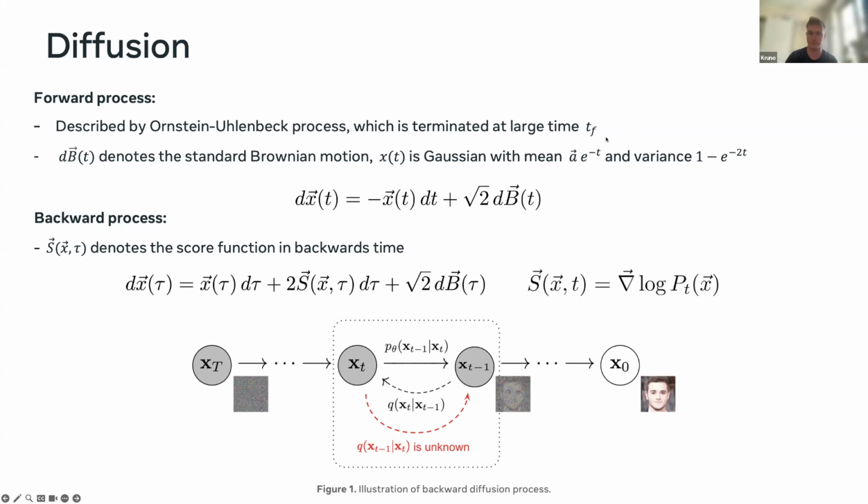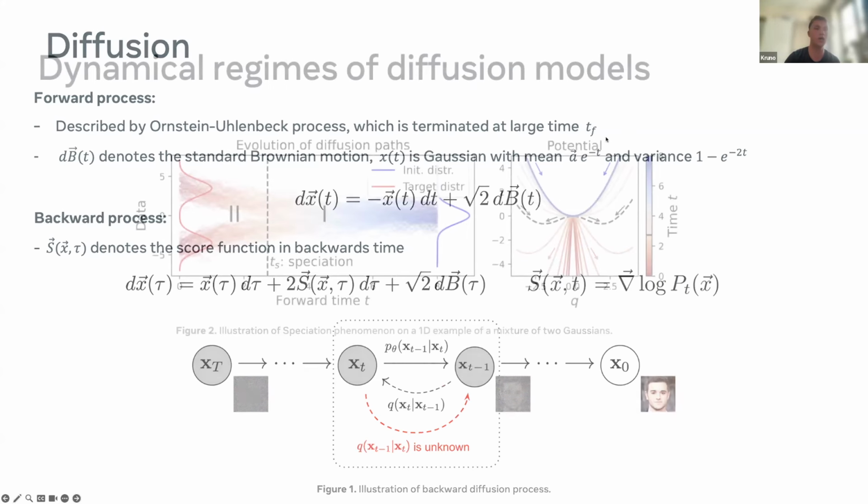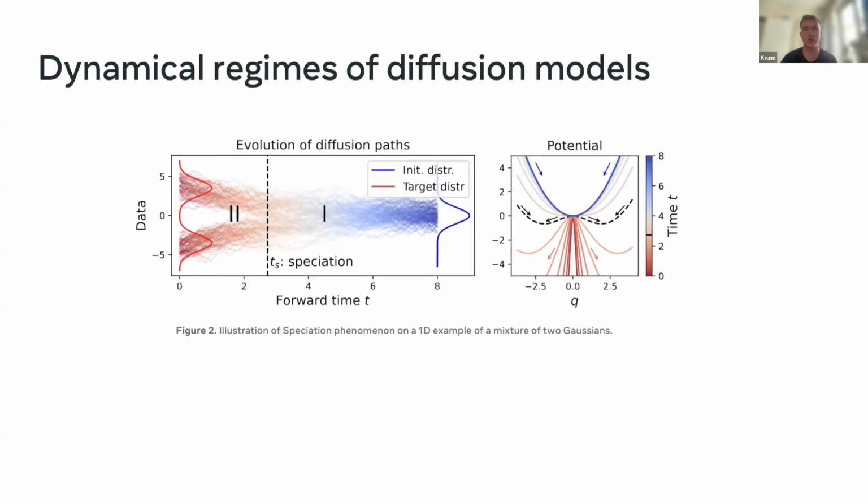And we want to approximate this process. So basically, what people have done so far is analyze this from a high-dimensional physics perspective, in the case where you start from an initial distribution which is a mixture of two Gaussians. You can, for example, think of this as being two classes, for example, dogs and cats.